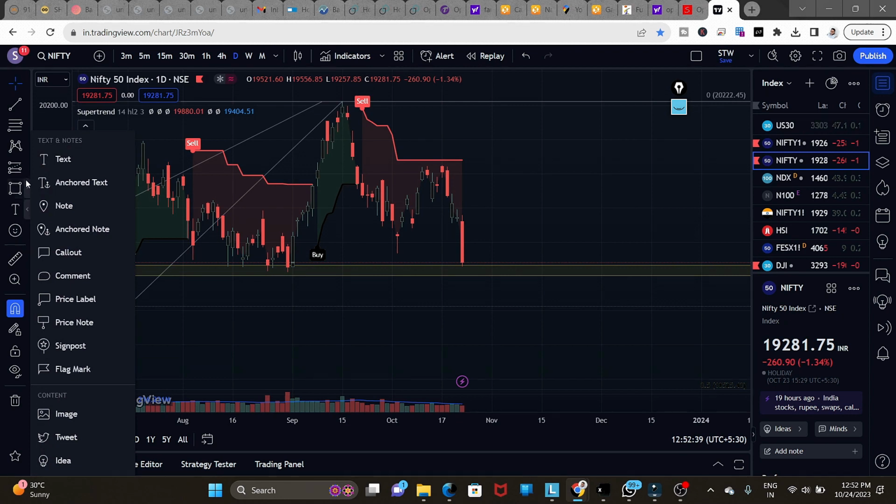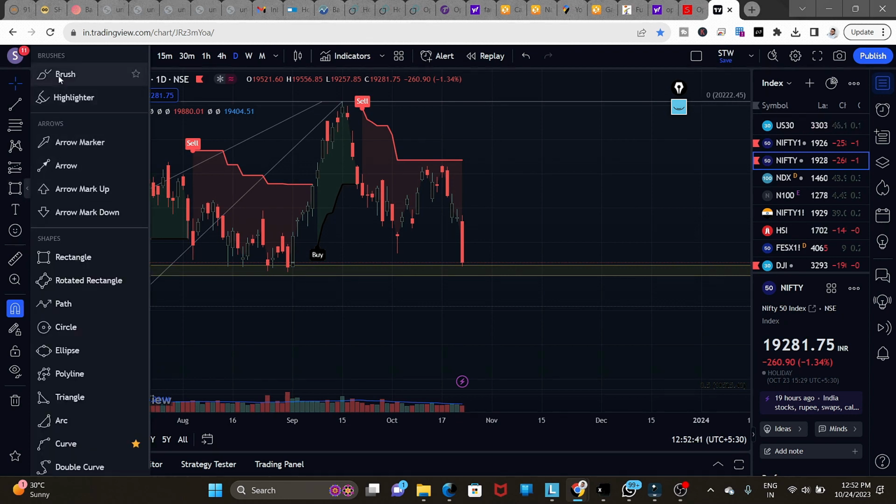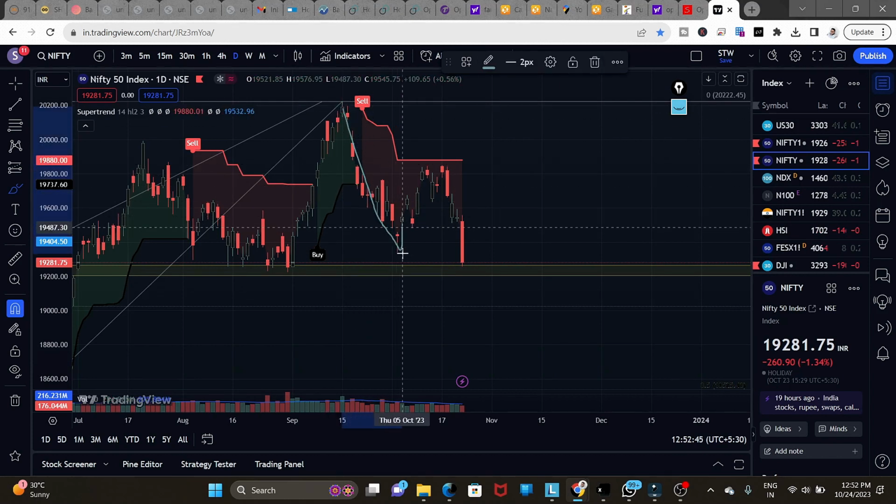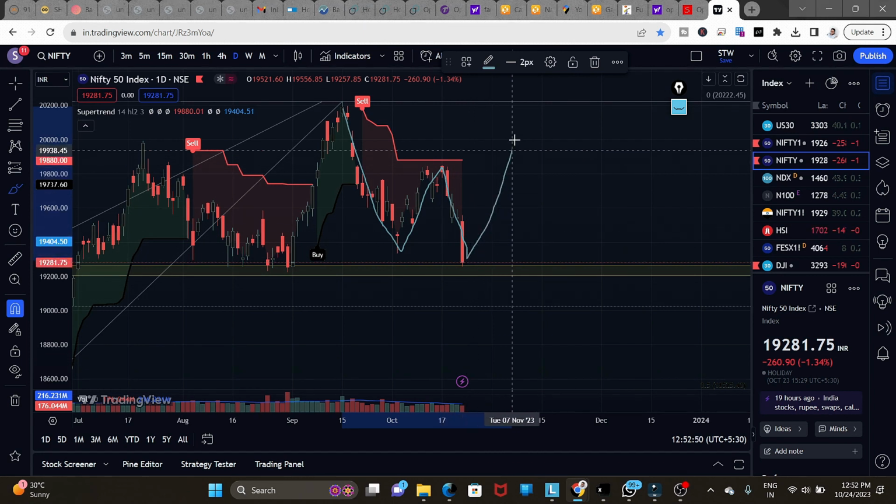If I can draw and show this here, W pattern. Okay, this will be a neckline. If it breaks this neckline, then the pattern is confirmed.